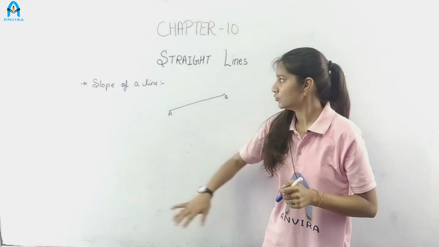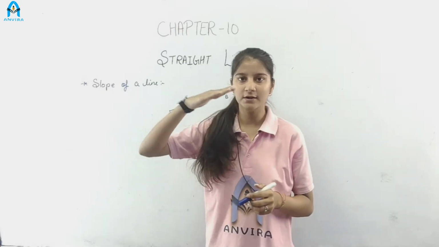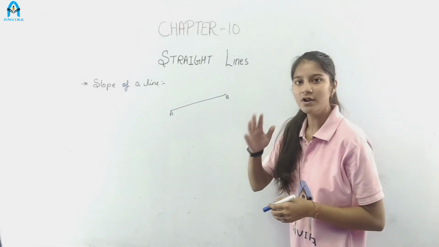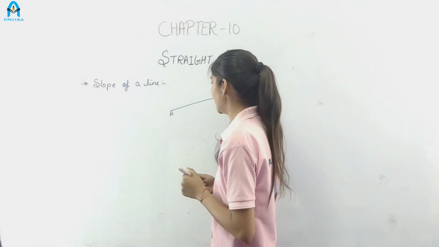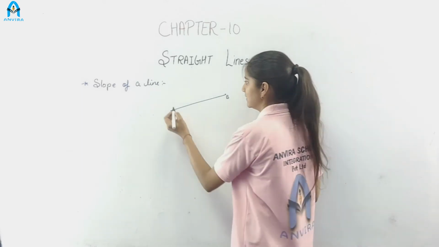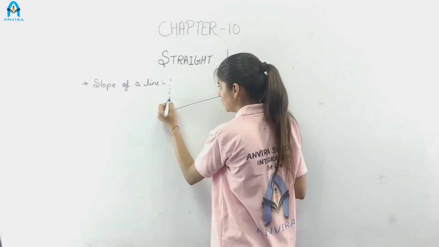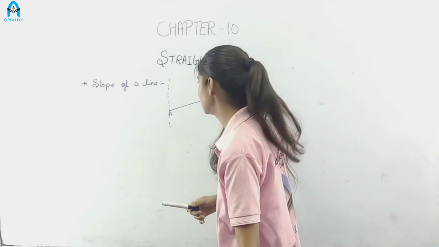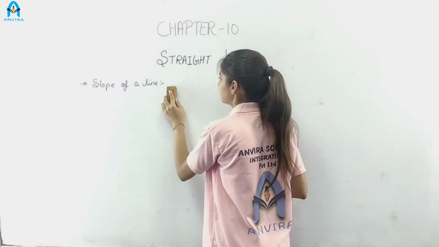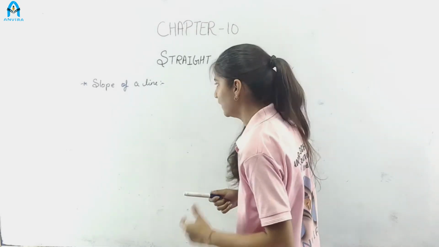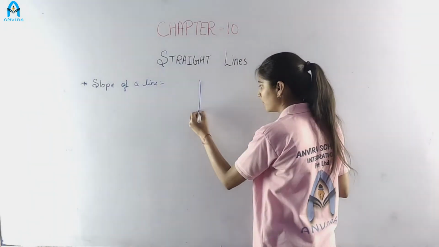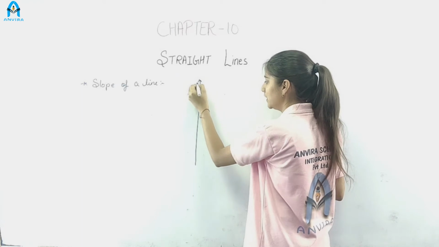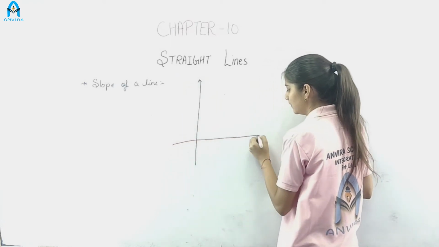As we know, what is our slope? Slope means inclination of line, inclination of line from any axis. Let us suppose this is our x-axis. Let us suppose we have our coordinate plane.